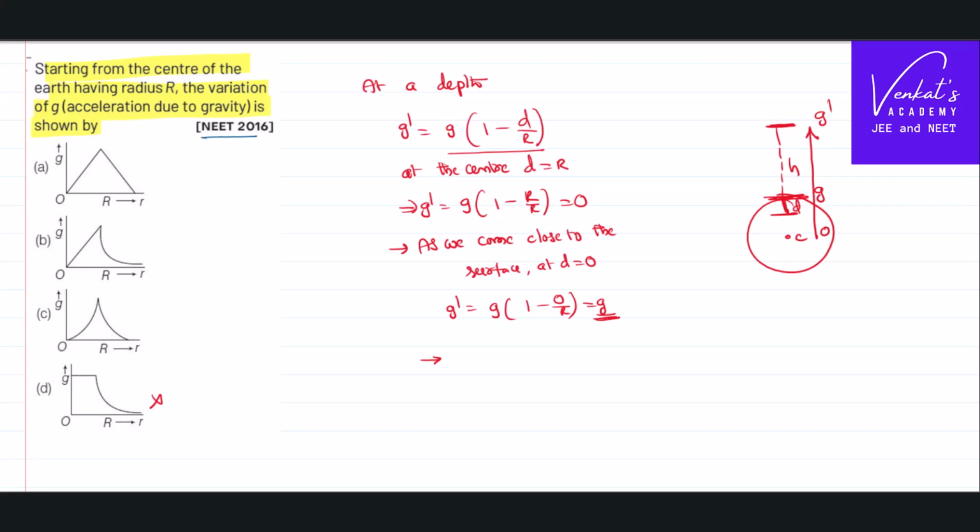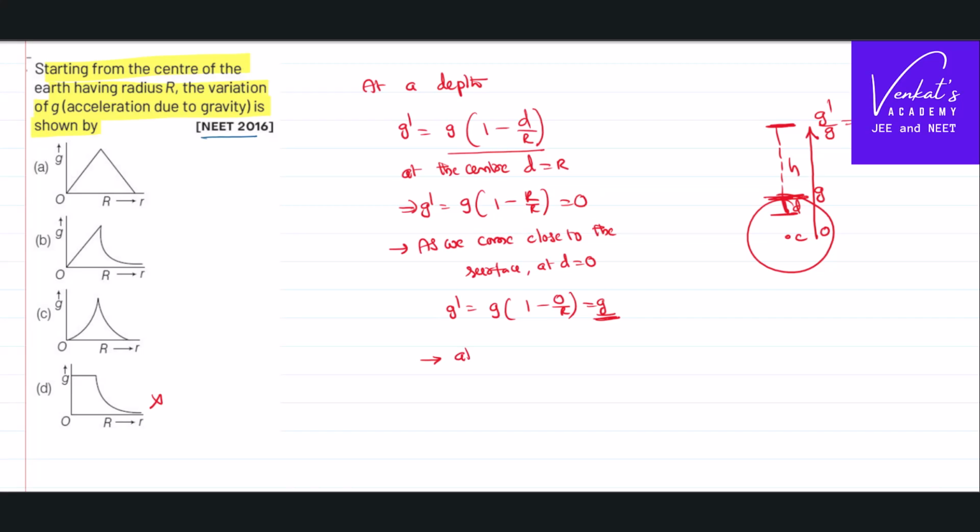But when you go to a certain height, g dash by g equals, we have derived this expression, r by r plus h whole square. So as we are going above the surface of the earth, comparatively with respect to the depth, loss of gravity is a little more.